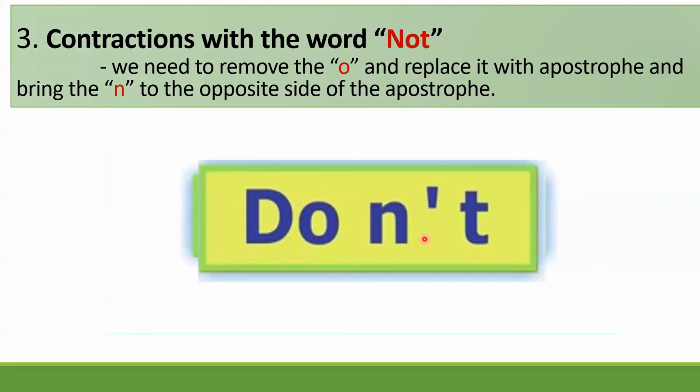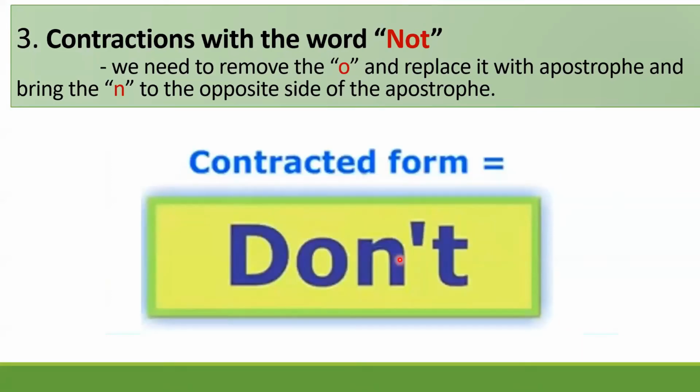Always remember that the letter N will always be on the opposite side of the apostrophe, here on the left side. Then we put this together, condensing it into one word, don't. So do not, the contracted form, will now be don't. So this is for the contractions with the word not.